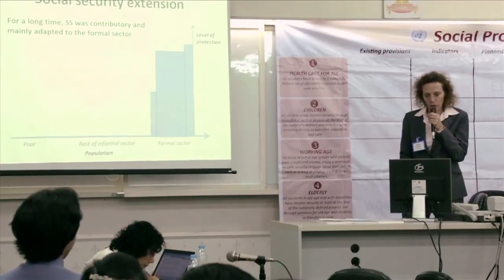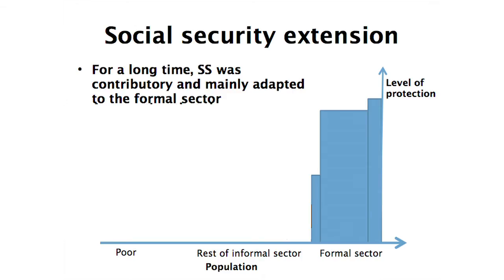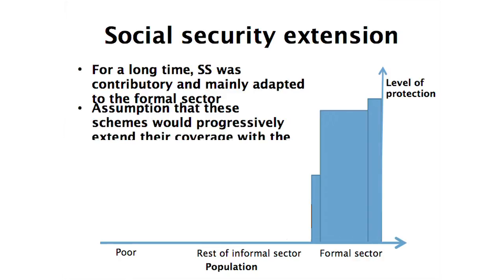For a long time, Social Security was mainly contributory, compulsory, and mainly adapted to the formal sector. And the ILO and others assumed that these schemes would progressively manage to cover more people in the informal sector because the assumption was that the informal sector would progressively shrink.